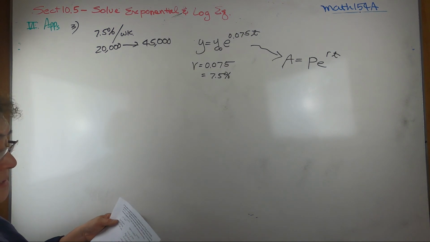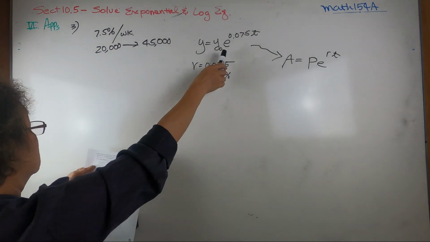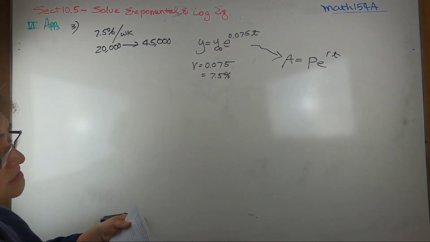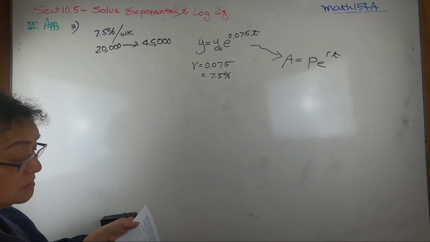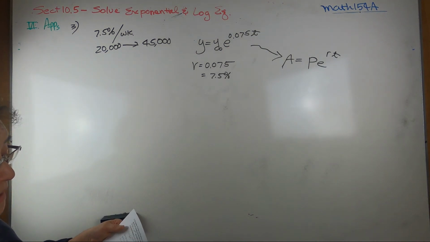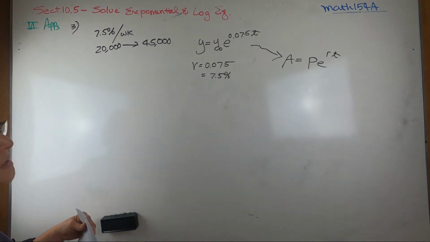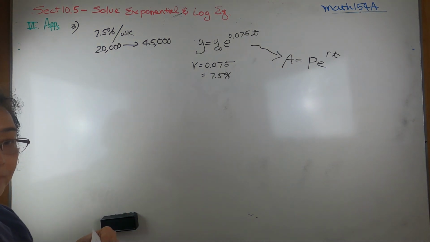It says t is in weeks, and Y sub 0 is the initial amount at t equals 0.